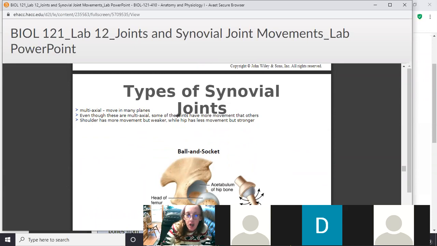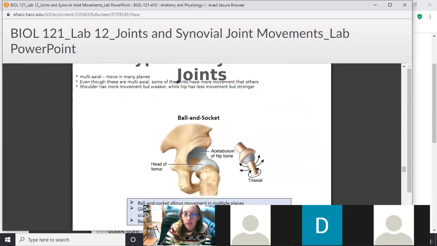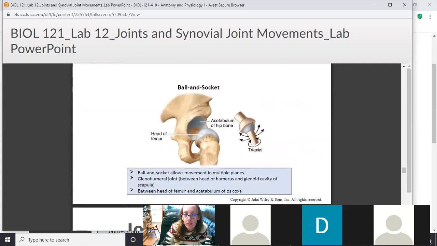Even though these are multiaxial, some of these joints have more movements than others. The shoulder has the most movement, but it's the weakest. The hip joint has less movement, but it's stronger. So the more movement you have at the joint, the less stable or the weaker it is.